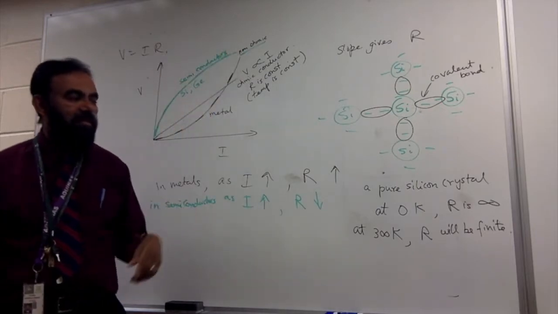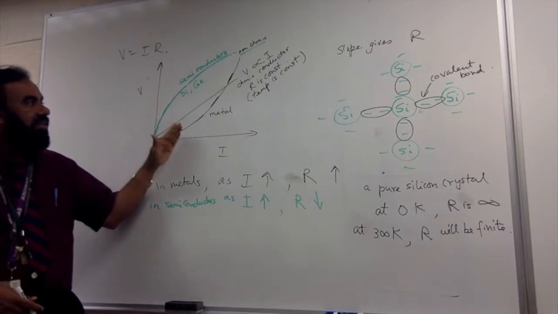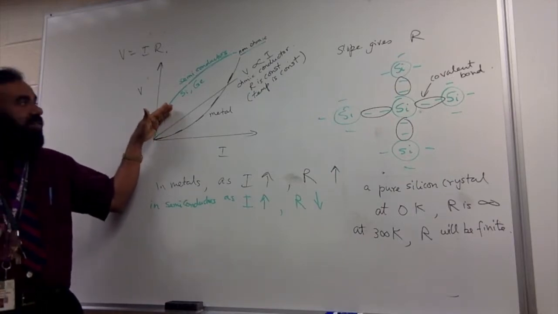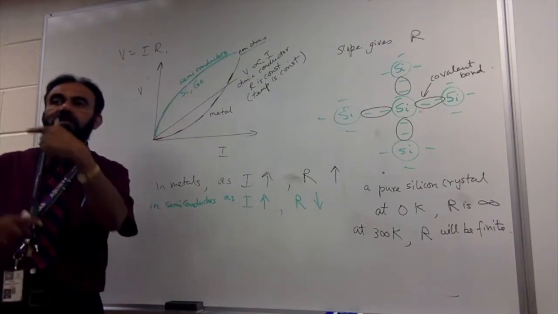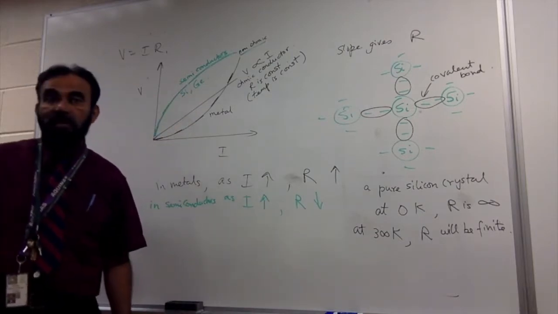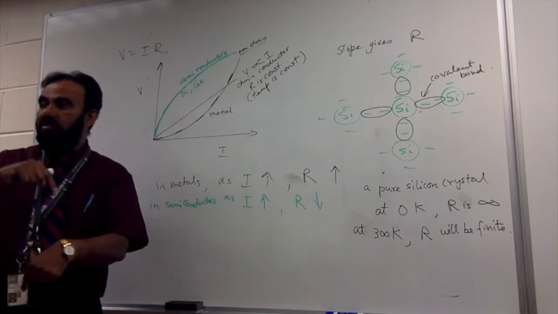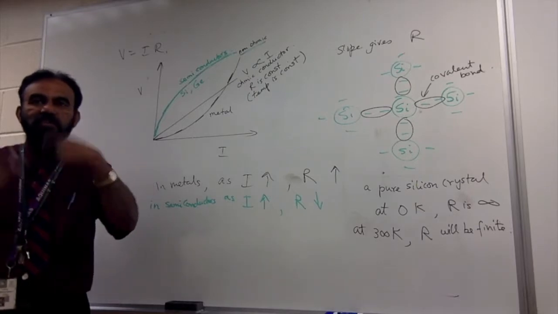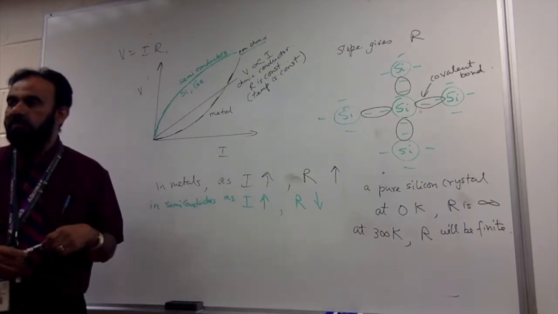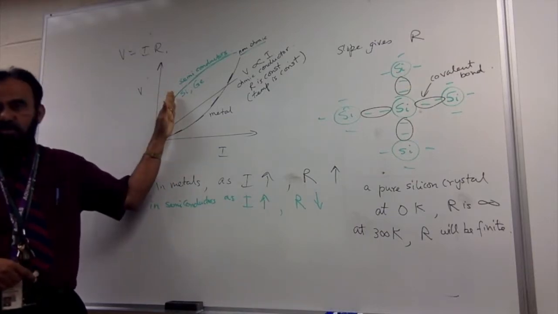That is what happens in a semiconductor. So in a semiconductor, as the current increases, the temperature increases, the temperature increase will reduce the resistance, and the reduction of that resistance will make the current go higher. And the current going higher will again reduce the resistance, which will make the current go further higher. It's kind of a self-destroying thing. So the increase of current caused the temperature rise.